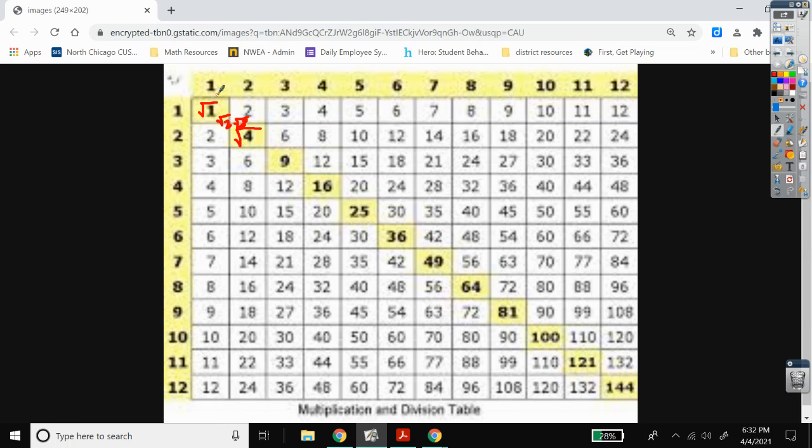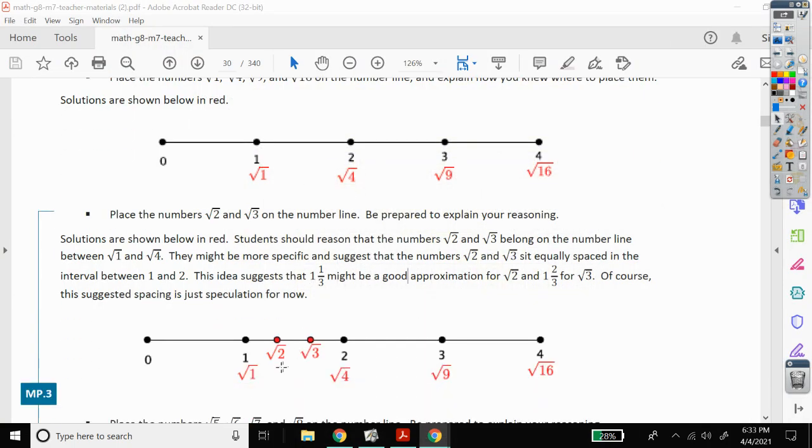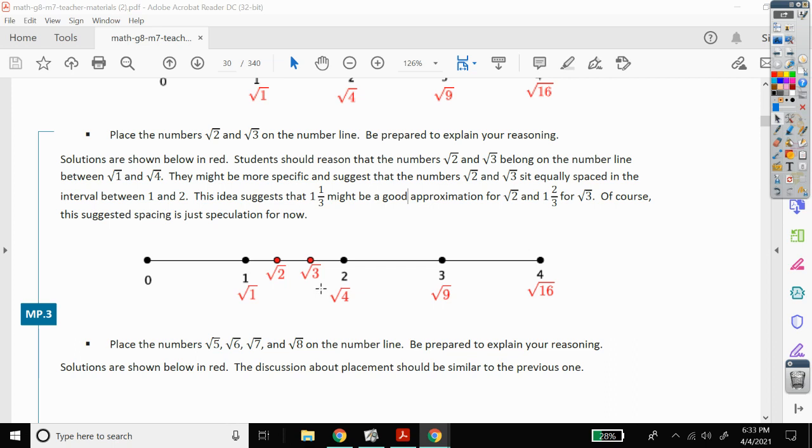The square root of 2 is bigger than the square root of 1 but smaller than the square root of 4, so it must be somewhere between 1 and 2. The square root of 3 is also bigger than the square root of 1 but smaller than the square root of 4, so it's still between 1 and 2. On our number line, we see that the square root of 2 and the square root of 3 are in between the numbers 1 and 2.